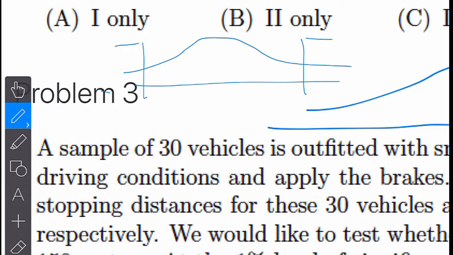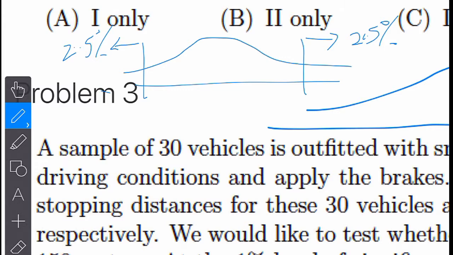For a two-sided test, you split up the probability, 2.5% in the outliers on each side, which makes 5 total.